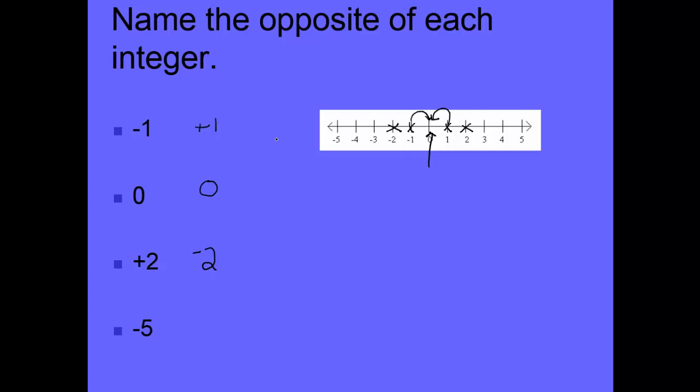And again, if we look at -5 right here, that's 5 units to the left of 0. So where do we have 5 units to the right of 0? That would be a +5. Same distance. The distance is still 5. Opposite sides of 0. They're also called additive inverses.